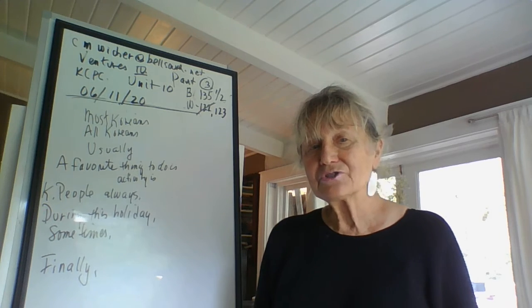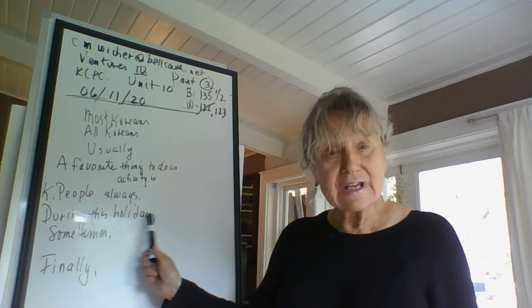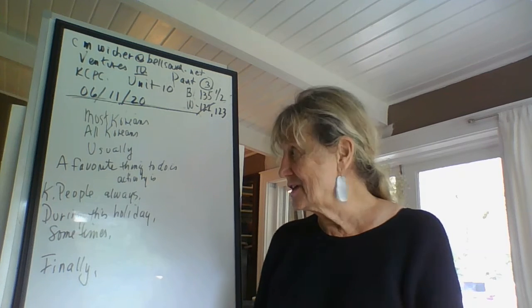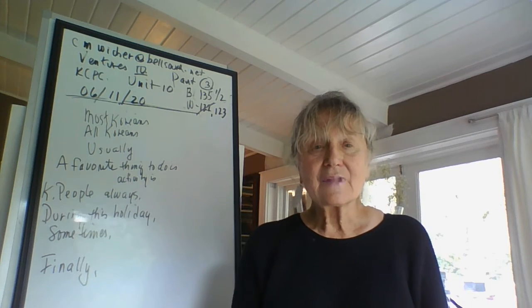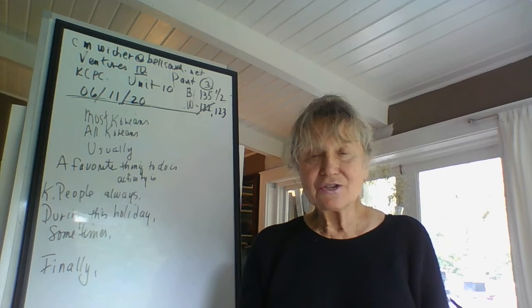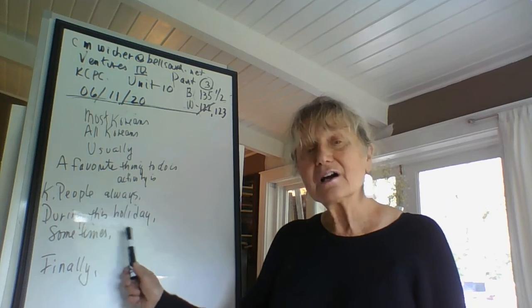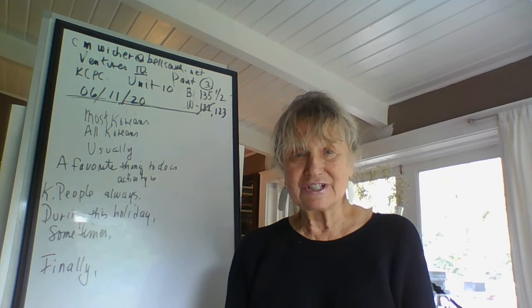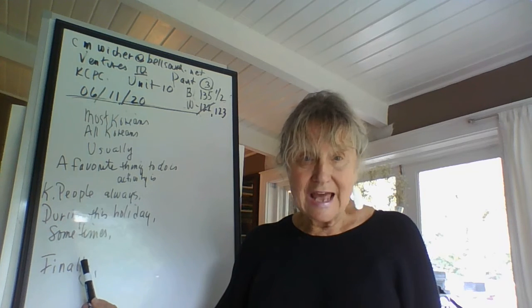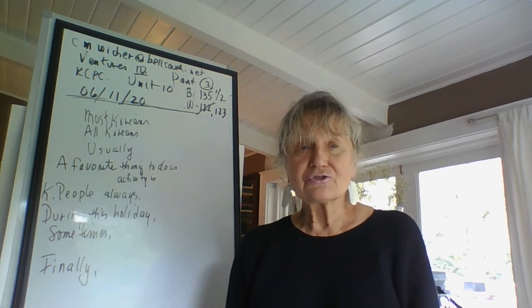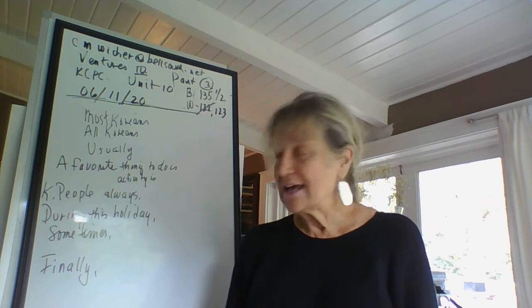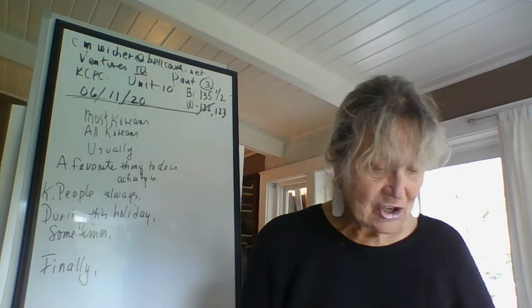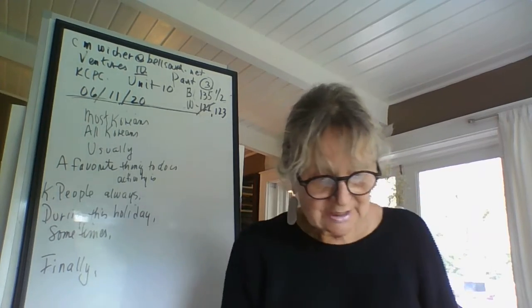Another little introductory phrase might be during this holiday, comma, and then whatever it is that you want to say. Another introductory phrase that you can use sometimes, comma, and the detail that you wish to say. At the end, the little introductory phrase you can say is finally. So let's see how we can put this together.